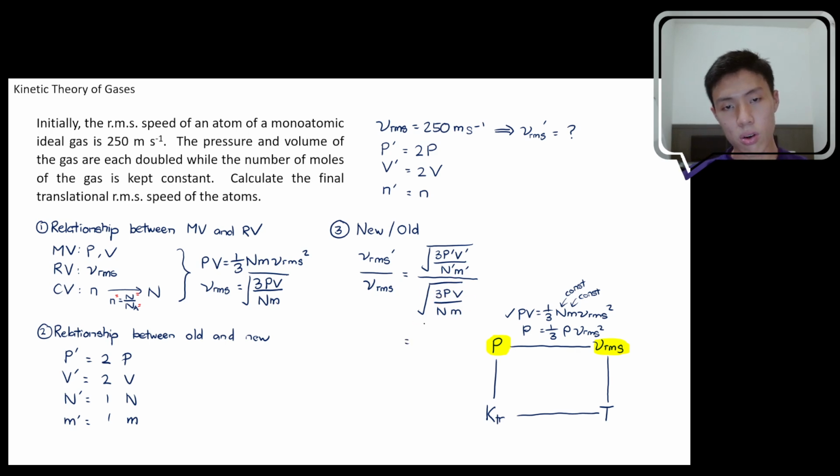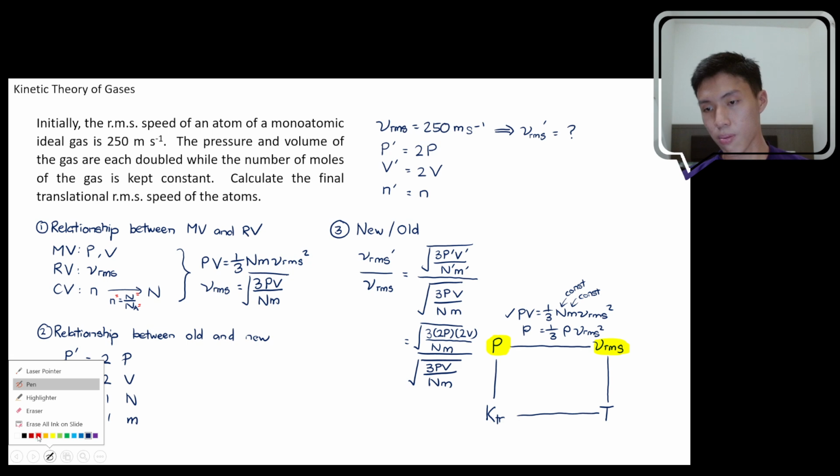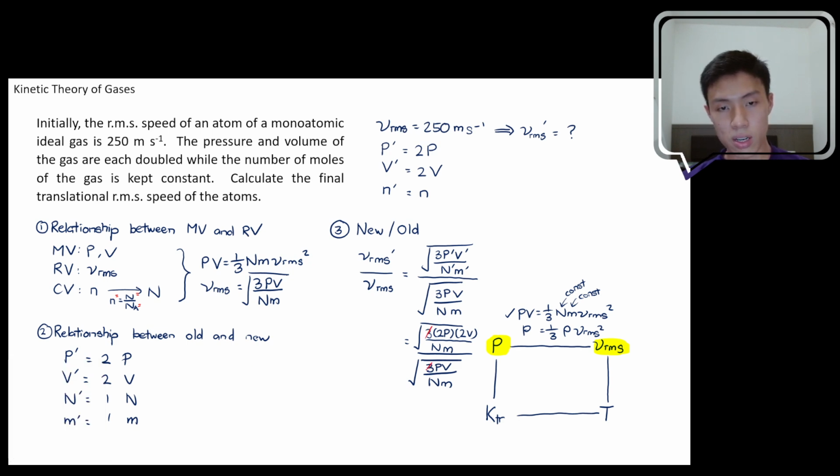Once we have done that, we can substitute all the primes with the relationships that we have determined in step 2. So we replace P prime with 2P, V prime with 2V, N prime with N, and M prime with M. So we replace everything with the old version of things. Once you reach this part, you can see that there's plenty of things that can be crossed out. 3 can be crossed out, P, V, N, and M can be crossed out.